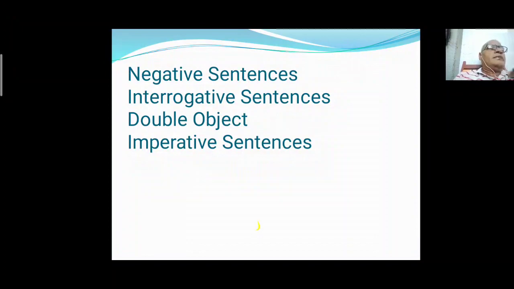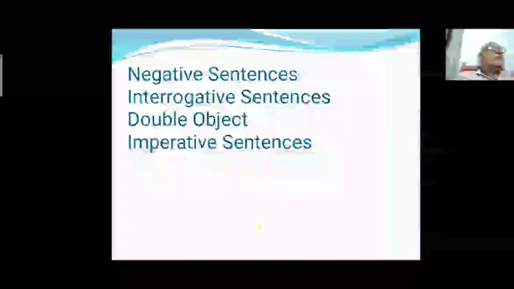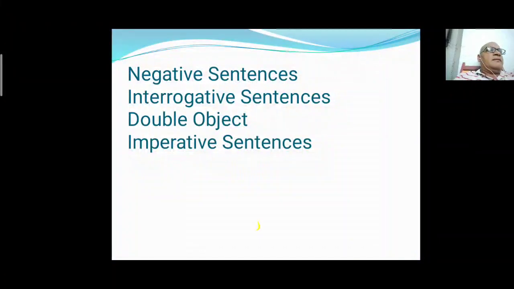And this negative sentence can also be changed into passive form, like a letter is not written by Rama. Letter is not, but not does not, is not written by Rama.